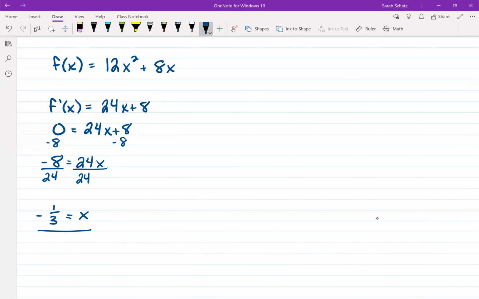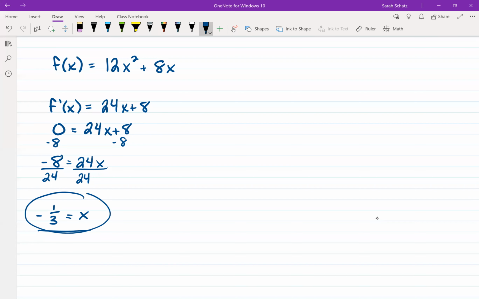So I have to remember what that means. Whatever this function looks like, it has a point where x equals negative 1/3, and that point is where it changes directions. I don't know if it was going down and then it hits this point and starts going up, or vice versa. Maybe it's going up until it hits this point and then it starts going down.